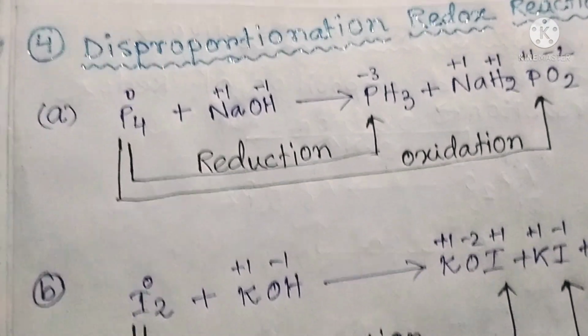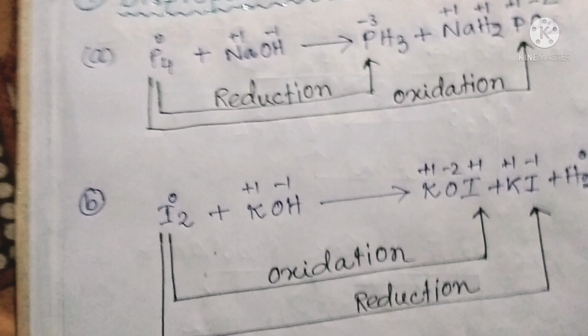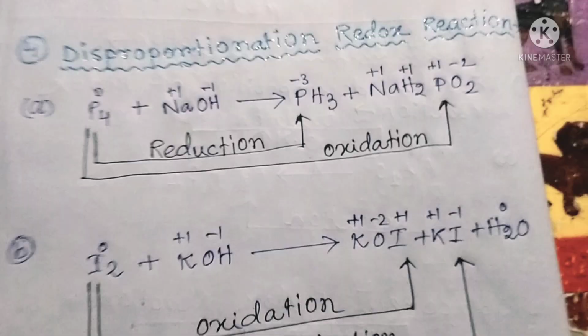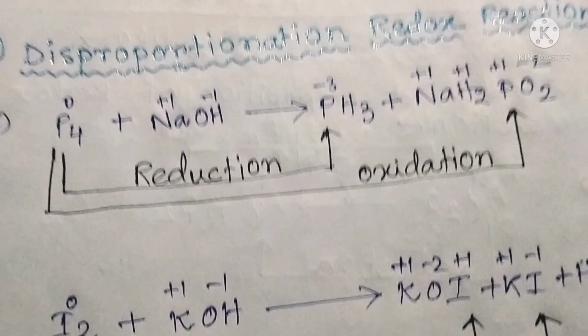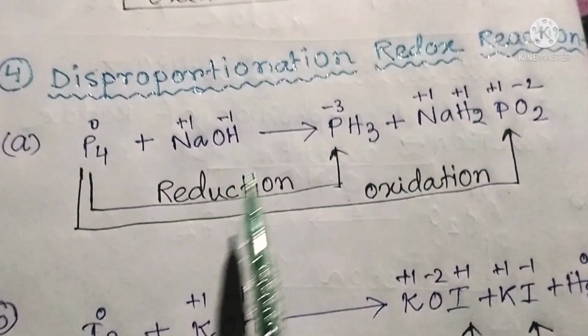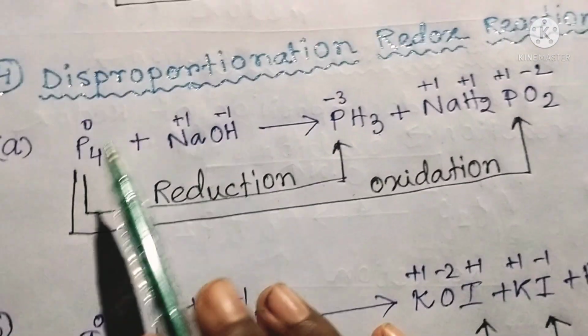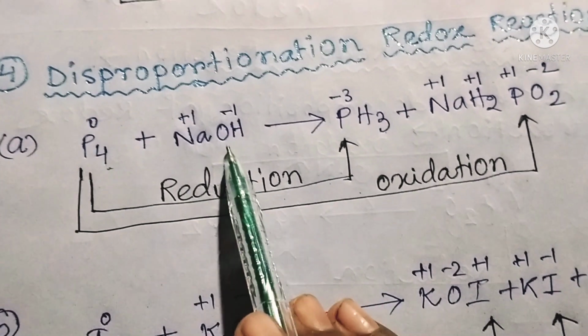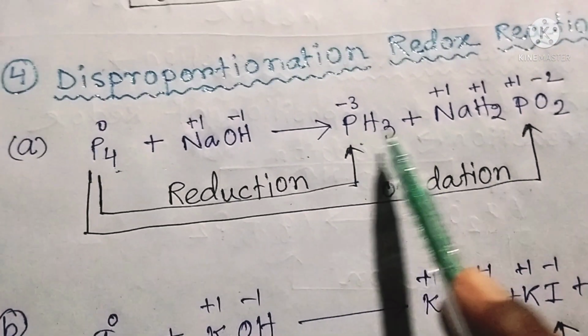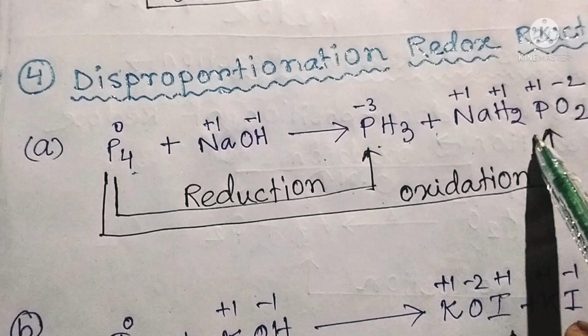Next is disproportionation redox reaction. What is a disproportionation redox reaction? We take P4 plus NaOH turns into PH3 plus NaH2PO2.